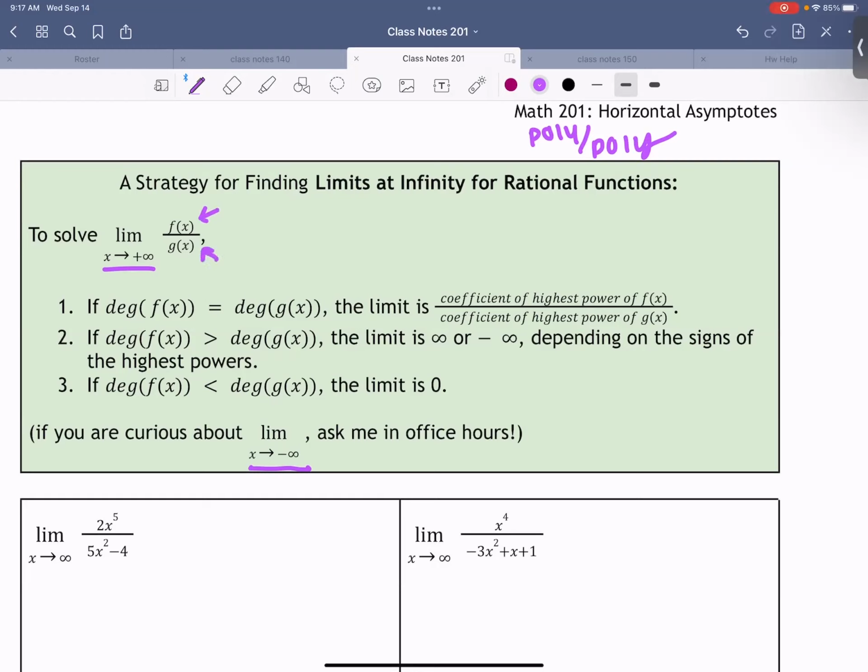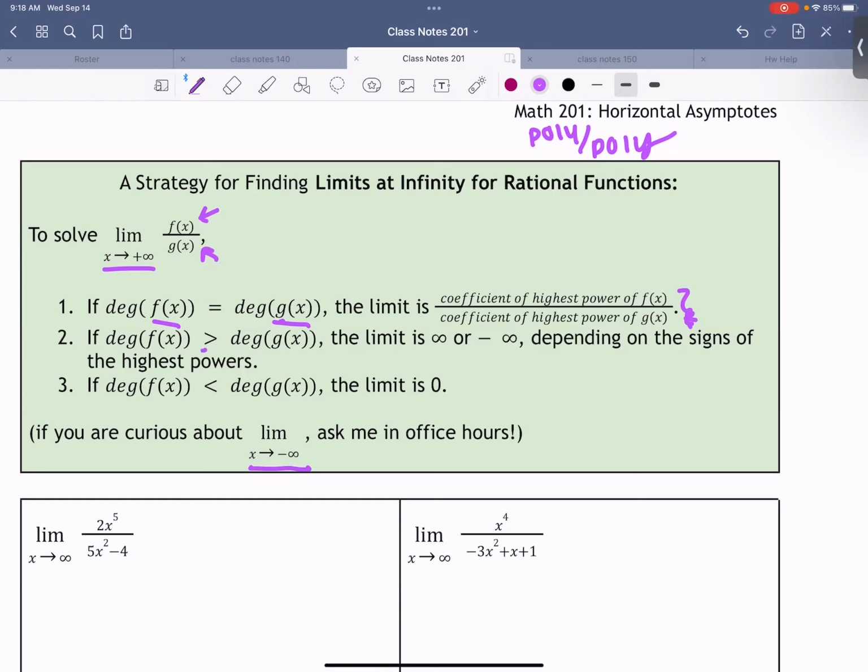Let's say the degree, or the highest power, of f of x is the same as the degree of g of x. What we do is take the coefficient of the highest power in the numerator, divide it by the coefficient of the highest power in the denominator. That's our limit.